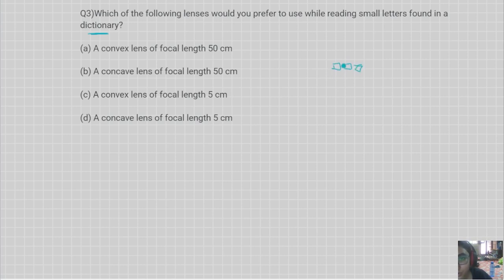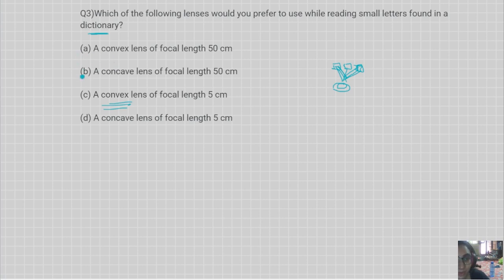So what we need is basically something that converges the light rays to our eyes, because our eyes are also very small, right? So we basically need a converging lens. And what is that? That is a convex lens.